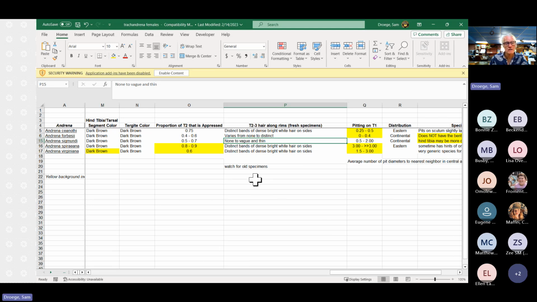Well, this says none to vague and thin, and this one was definitely distinct, although it also says none, so under some circumstances could be overlapping. Here, though, we have a difference. This is pitting on T1. We definitely saw 0. Here, there is no 0.